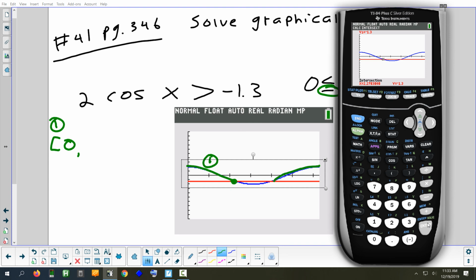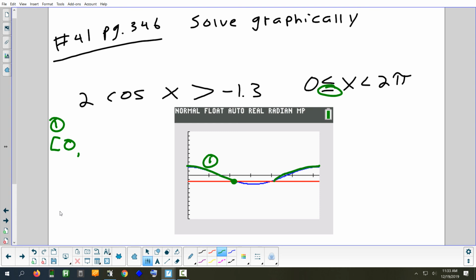Can someone finish off this interval for me now? What's going to go right there? Why parenthesis? Why not bracket? It doesn't have the equal sign right there. Okay, so that's interval 1.